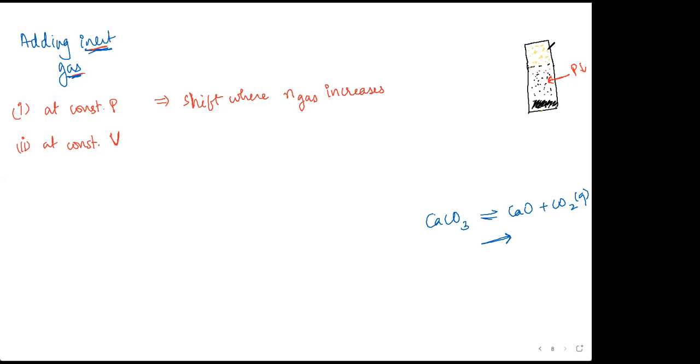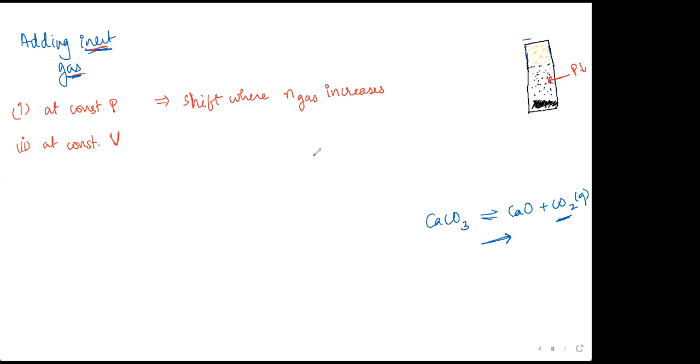Now you added an inert gas. Overall pressure needs to be constant, which means that if the overall number of moles of gas is increasing, the volume of the reaction vessel is increasing, which means that total available space that this CO2 can occupy has overall increased, right?